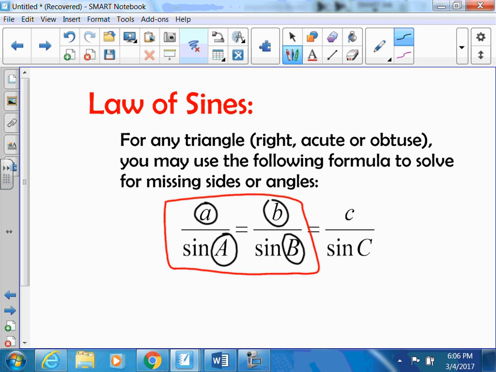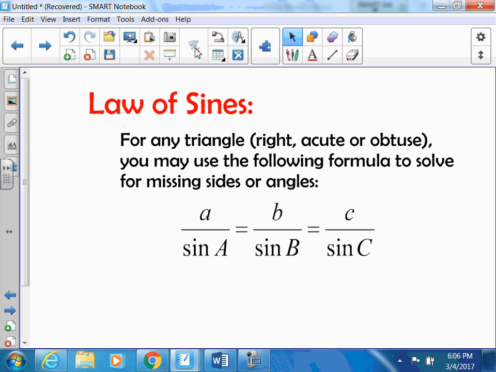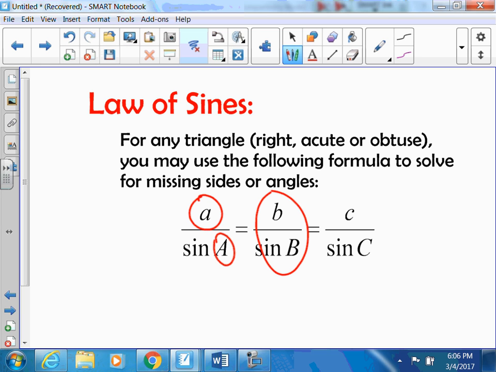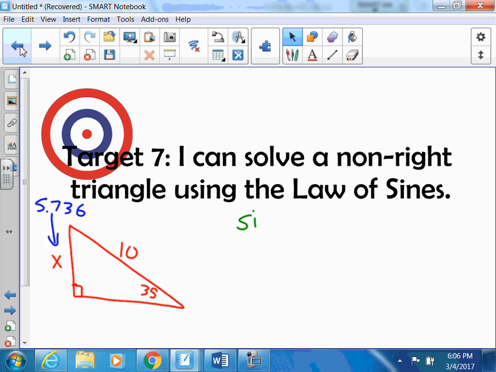In order to use law of sines, you're going to use two of the ratios in the proportion, and you have to know three of the four values to solve for the fourth unknown. So one of these ratios must be totally complete. Like you have to have angle A and side a, and then one of the other two variables. You have to have a side and angle opposite of each other in order to set up law of sines.